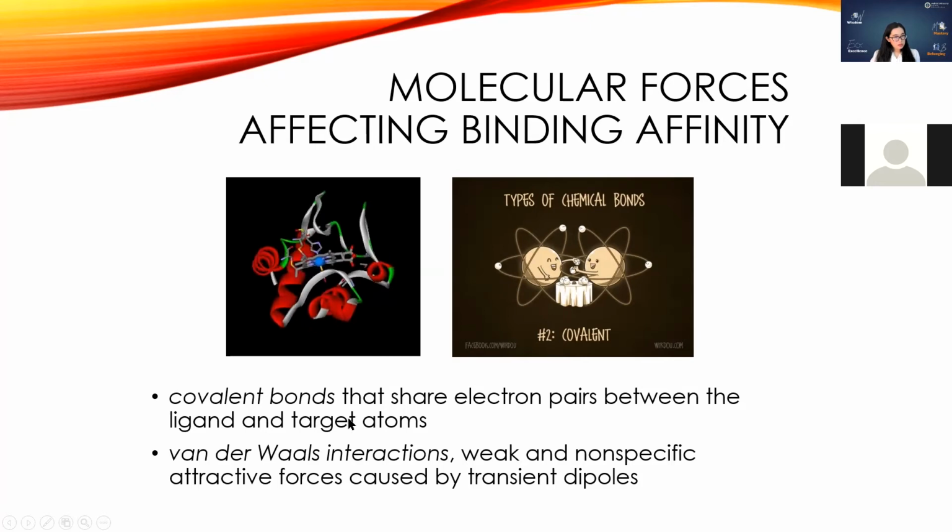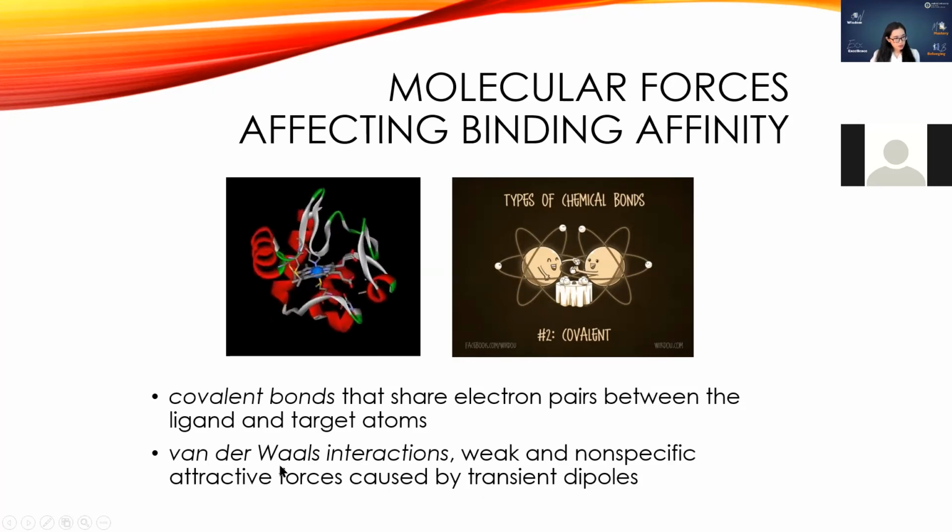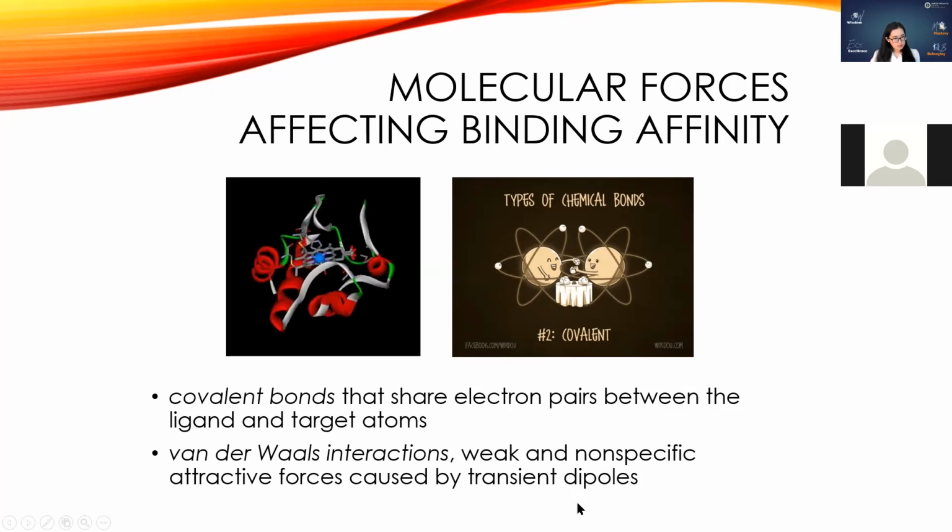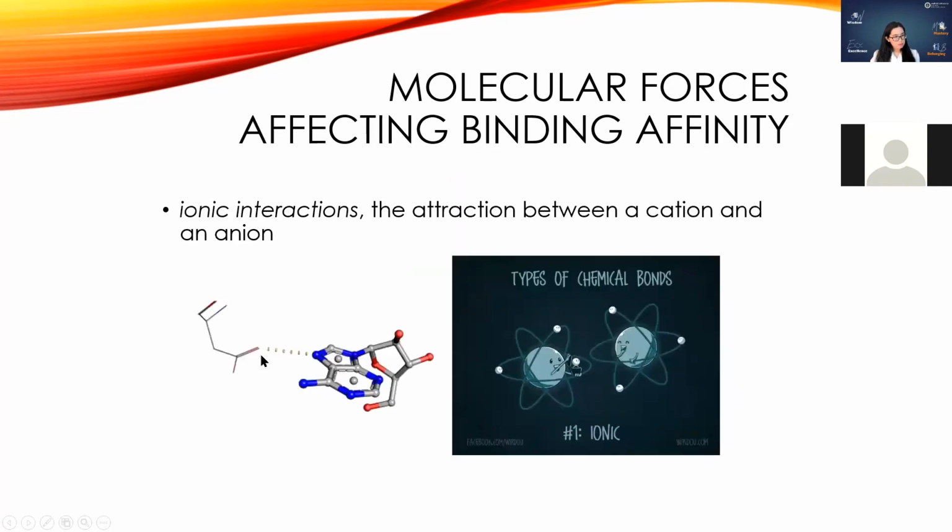Another interaction is van der Waals interaction, which is caused by transient dipoles. This van der Waals interaction is caused by transient fluctuation of electrons inside. And there is ionic interaction, which is the attraction between cation and anion. As I told you, there is partial positive charge and partial negative charge, and this red binds to blue like this.